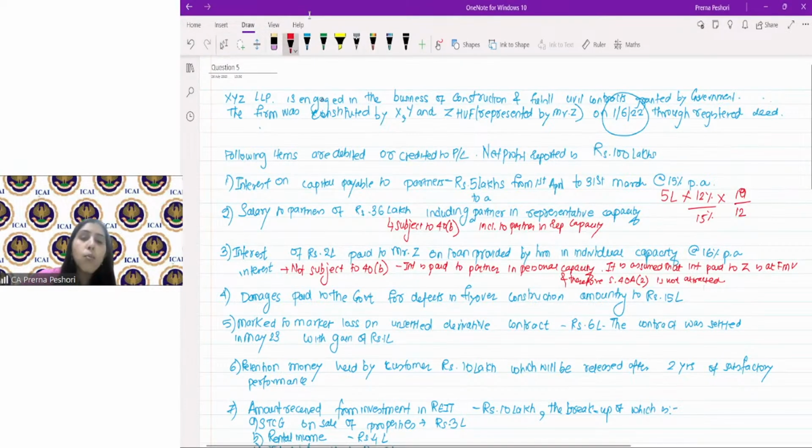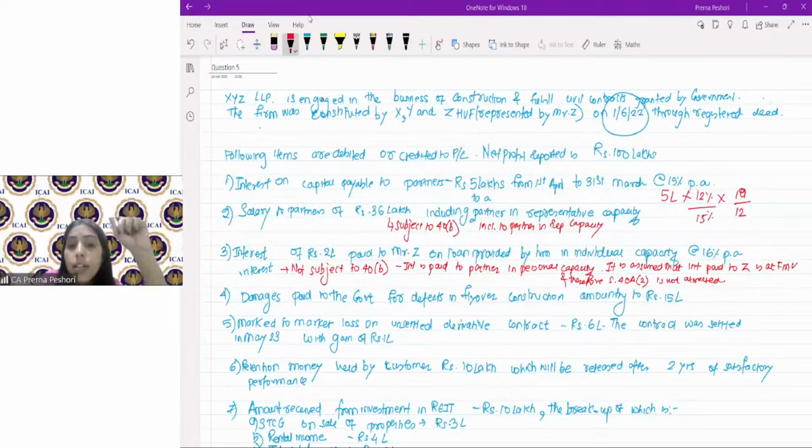So 28(1), what does it provide? Section 28(1) talks about the profit and gains from the business or profession. You start with section 28(1).